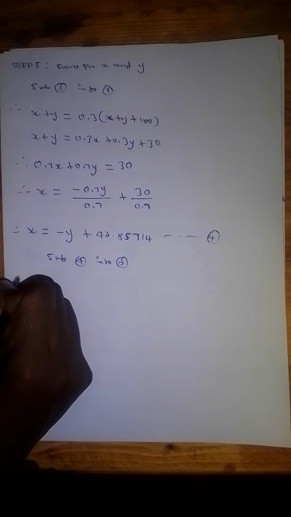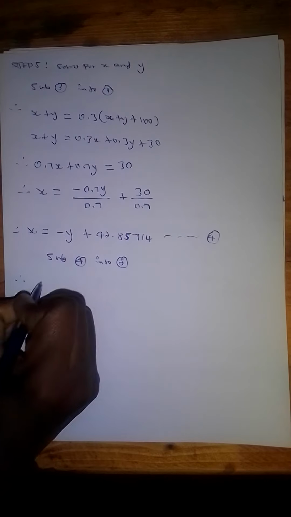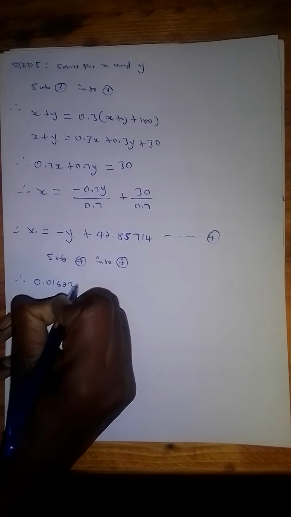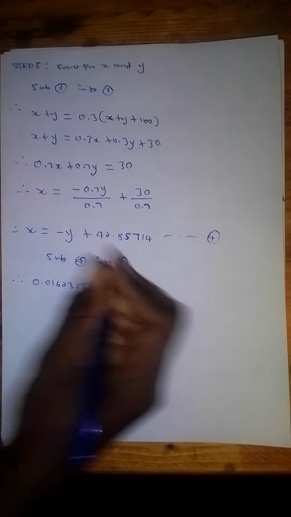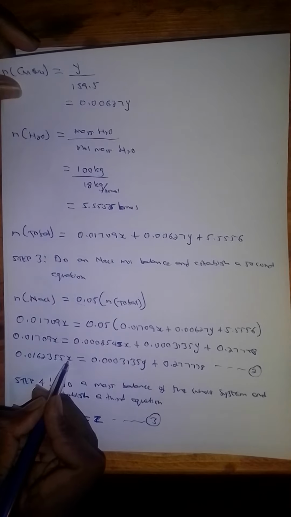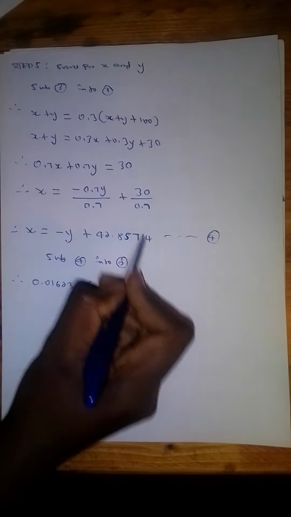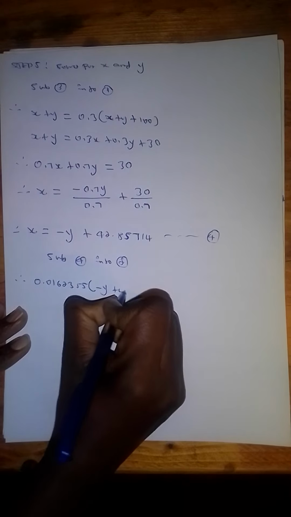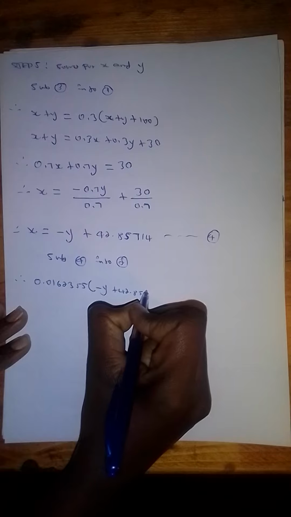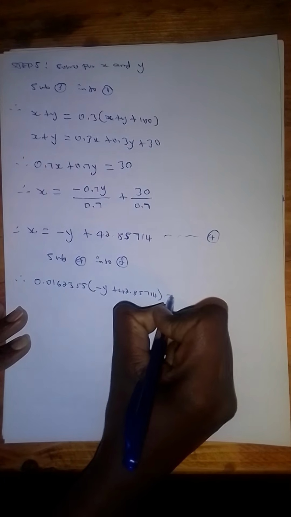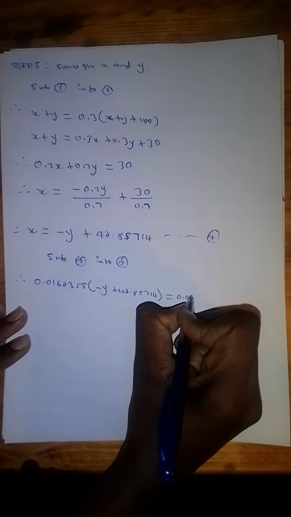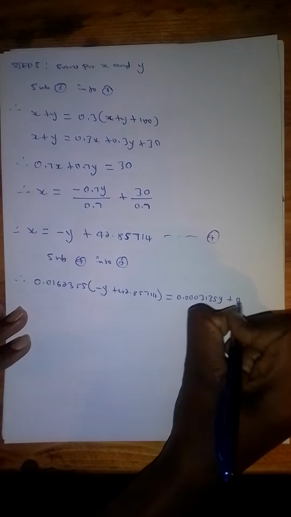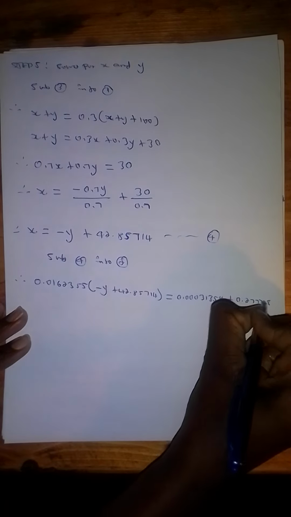So it's 0.0162355 multiplied by, where there was the x, now we plug in minus y plus 42.85714, which is equal to 0.0003135y plus 0.277778.